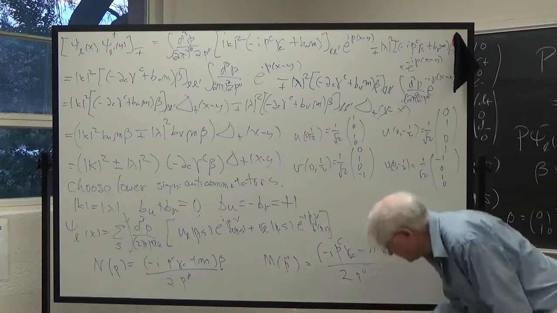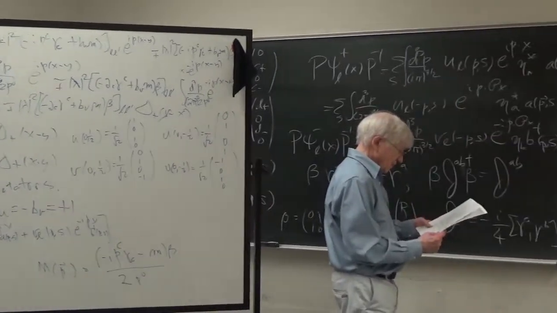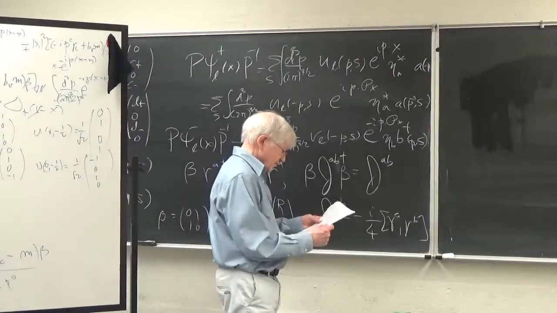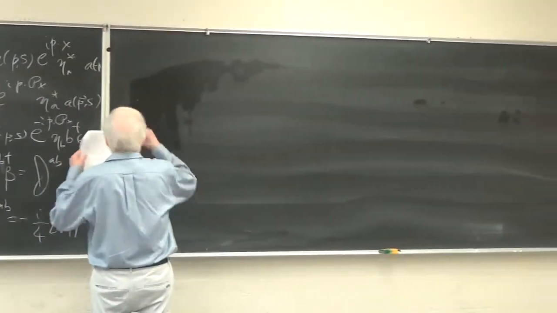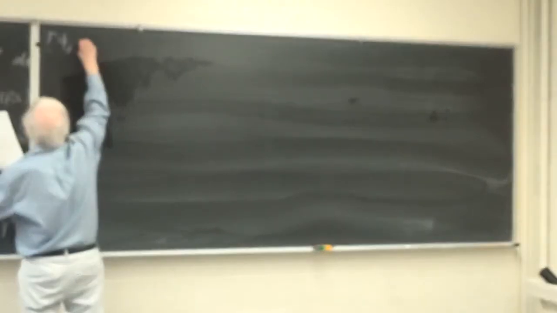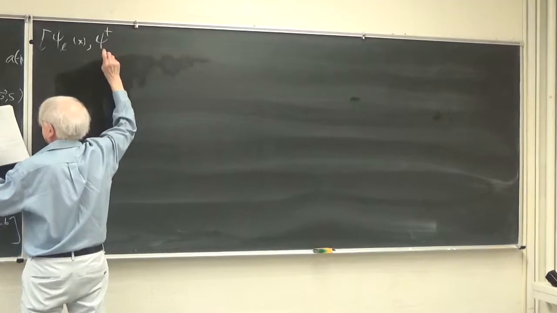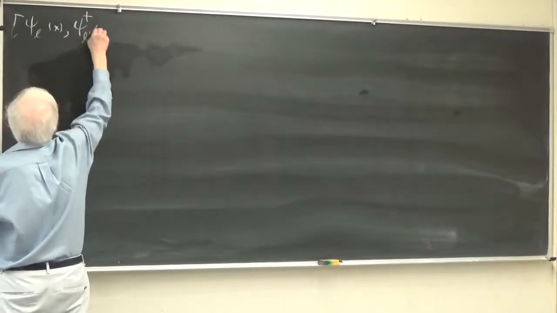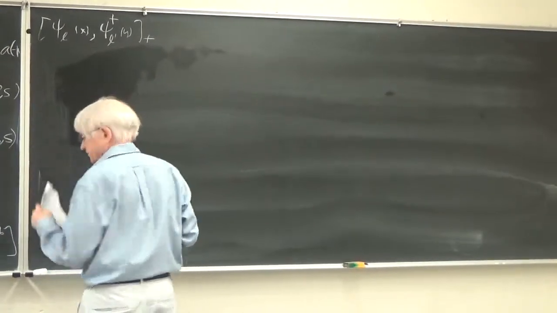Okay, so let me now write down what the Dirac anti-commutator formula then is. It's psi L of x, psi dagger L prime of y, and now it's the anti-commutator.